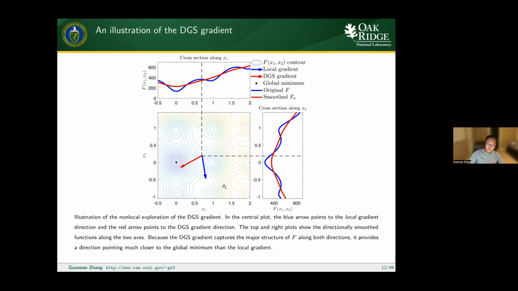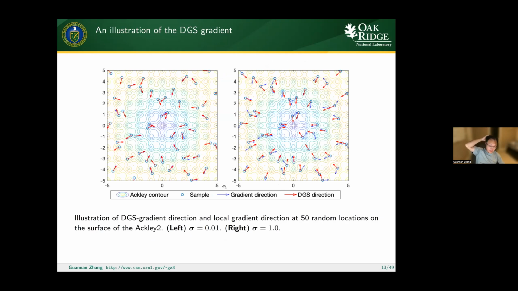Okay, and this plot also illustrates the influence of the smoothing radius on the non-local gradient. Here is also a 2D highly non-convex benchmark function, which we view as the loss function. The red arrow represents the DGS gradient, which is the non-local gradient direction, and the blue arrow represents the local gradient.